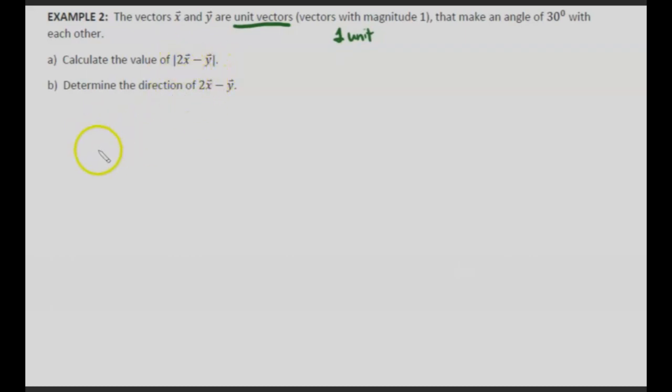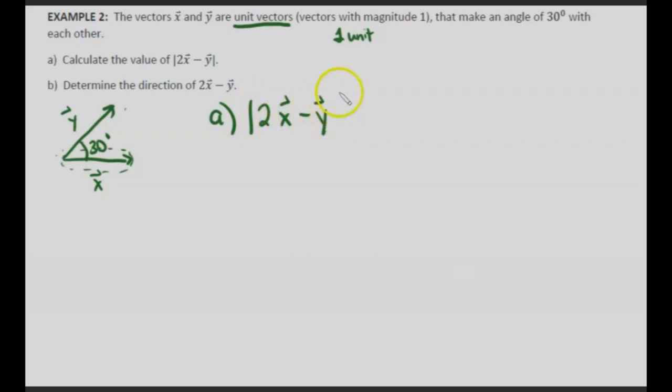Originally, if they are at an angle of 30 degrees to each other, we start by drawing them tail to tail. So let's call this one x, let's call this one y. For A, we want to calculate the magnitude of 2 times vector x minus vector y.